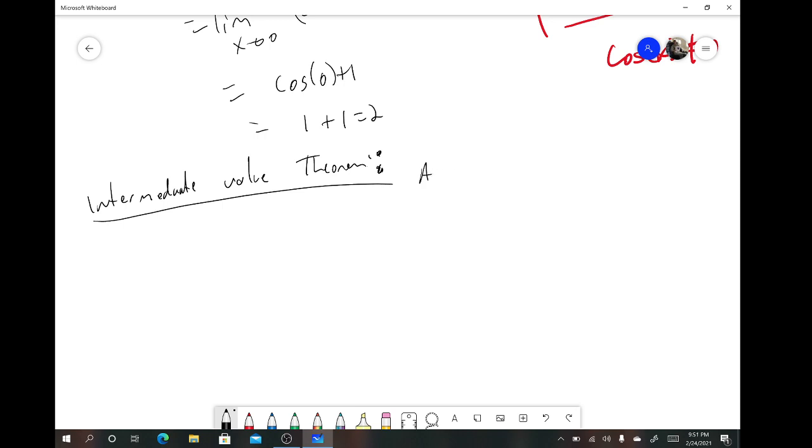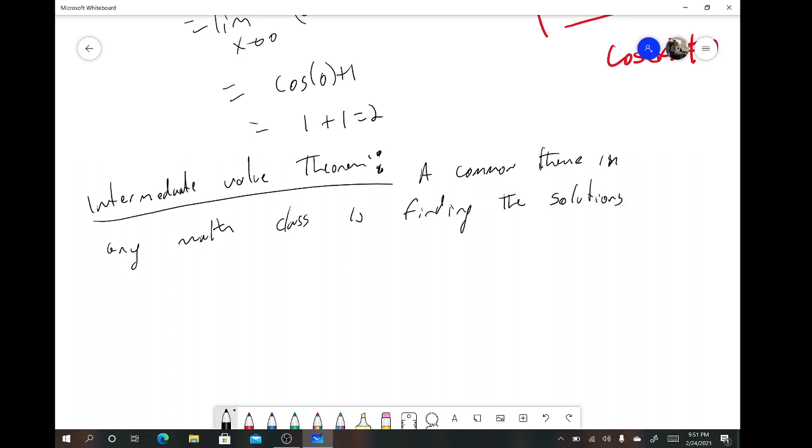So a common theme in any math class is finding the solution or solutions, so there may be more than one, of functions of the form f of x equals L. Right? So we're always looking for what f of x equals.